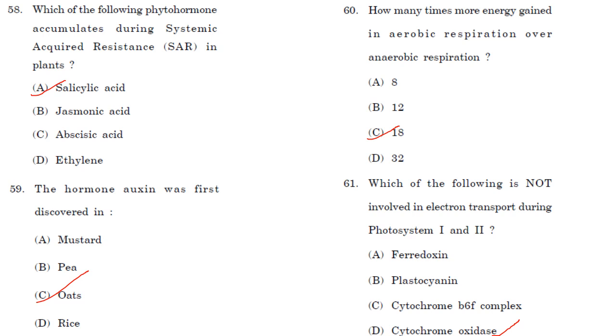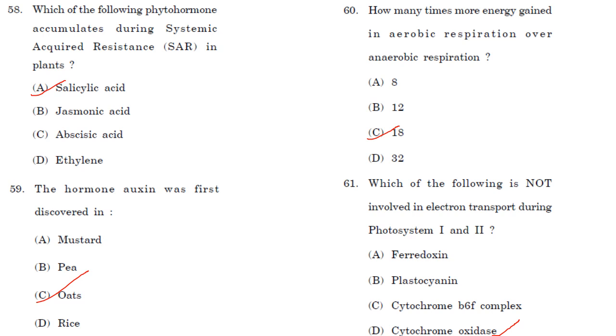Some textbooks state that the net yield is 36 ATP in eukaryotes, because 2 ATP are used to power cellular respiration itself in moving 2 NADH molecules into the mitochondrion. So 38 minus 2 is 36, and 36 divided by 2 is 18. So your answer will be option C.